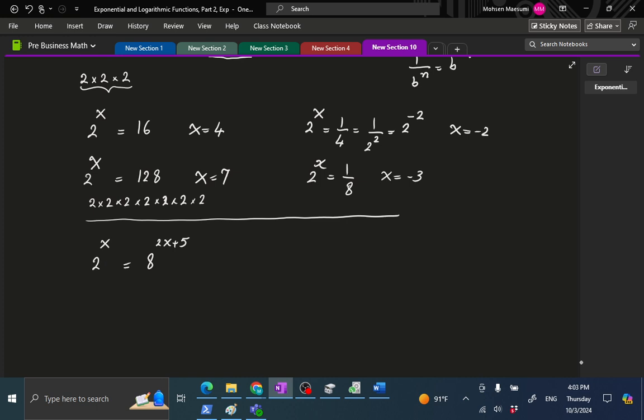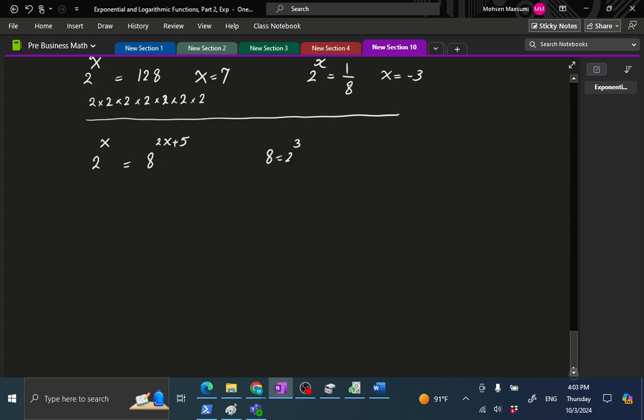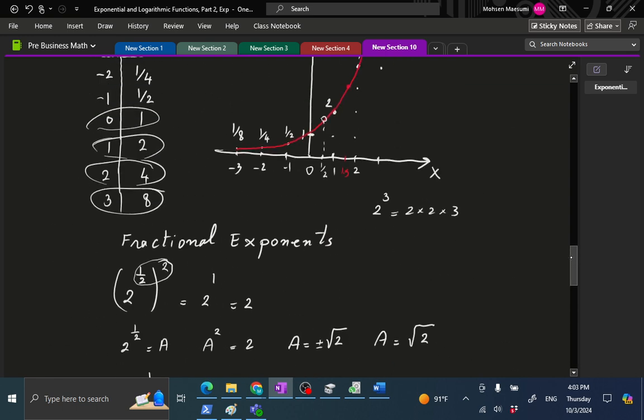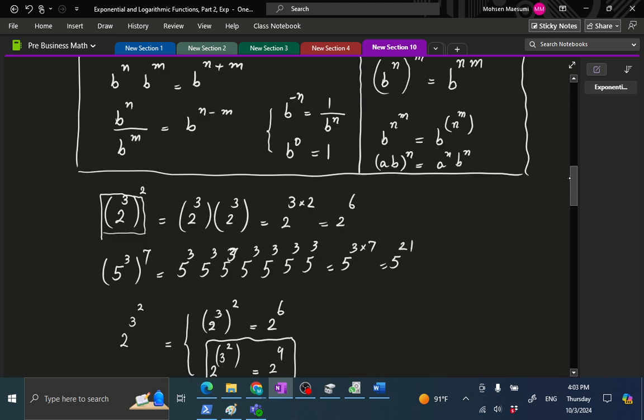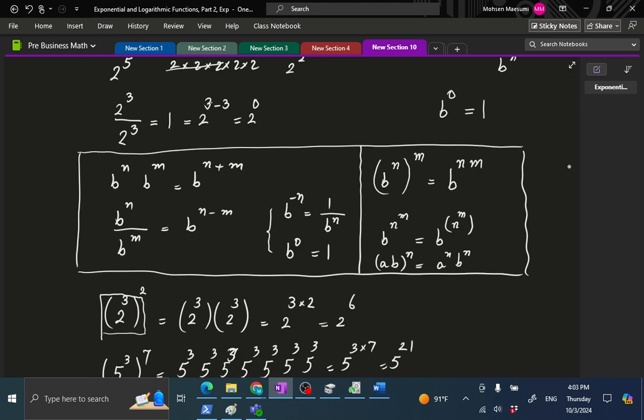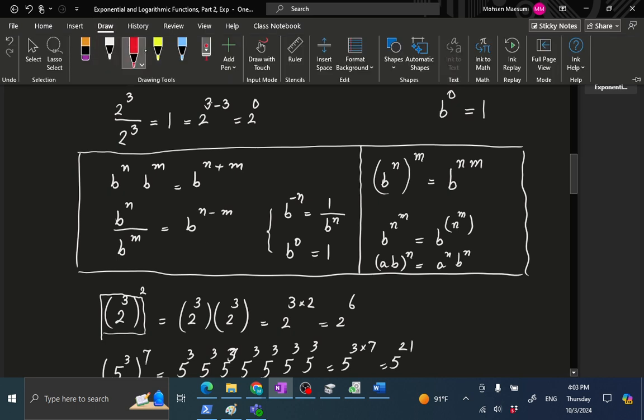So 2 can stay as it is. Instead of 8, I remember that 8 was 2 cubed. So in these problems, both sides have to be written to the same base. So I'll have 2 to the power of x is equal to 2 cubed, the whole thing to the power of 2x plus 5. You remember the rule of exponents we had last time, that if you have this one, this is what gets to be used often in this case.